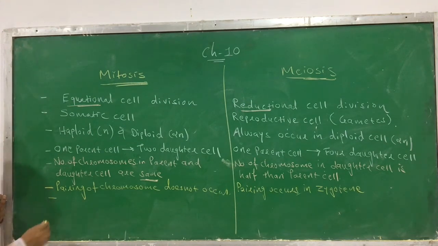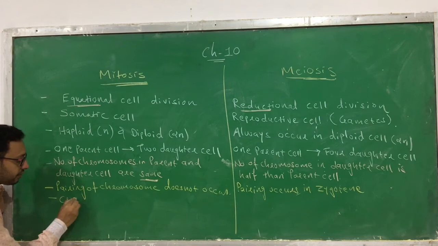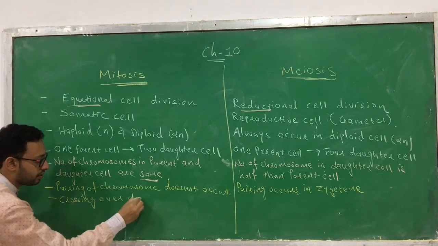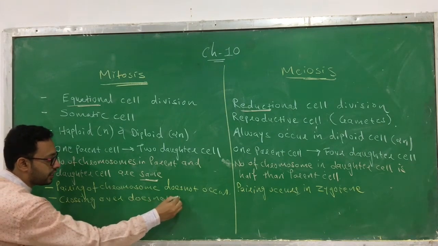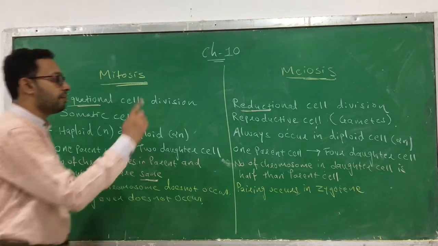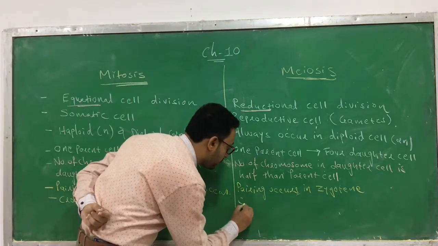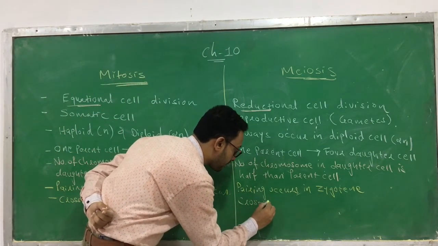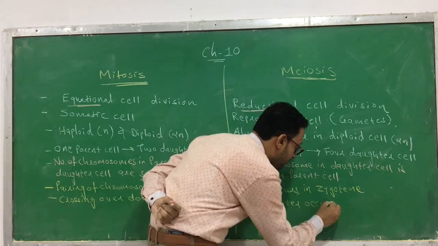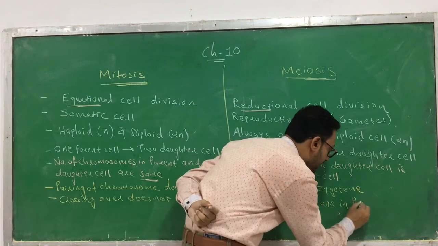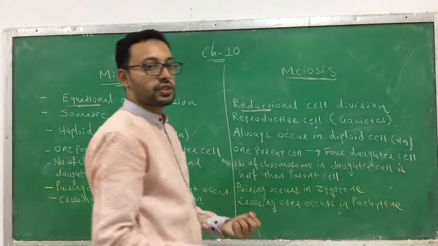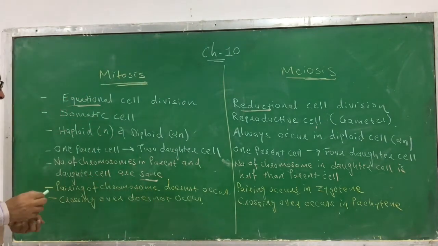Next, here the crossing over between sister chromatids does not occur, but in meiosis the crossing over takes place. It occurs in which phase? The crossing over occurs in the pachytene phase.